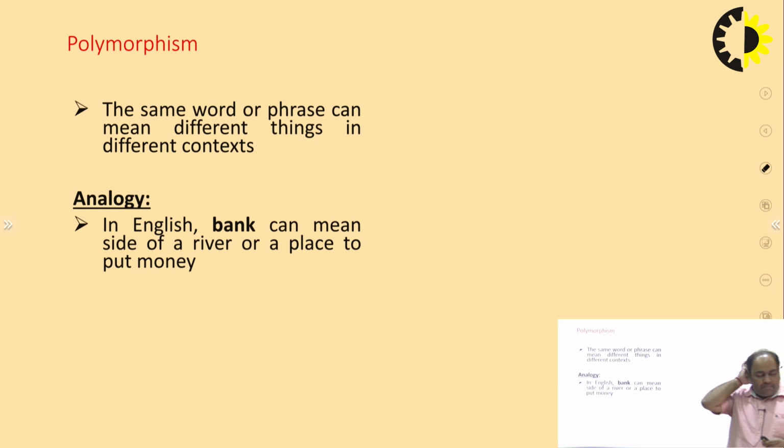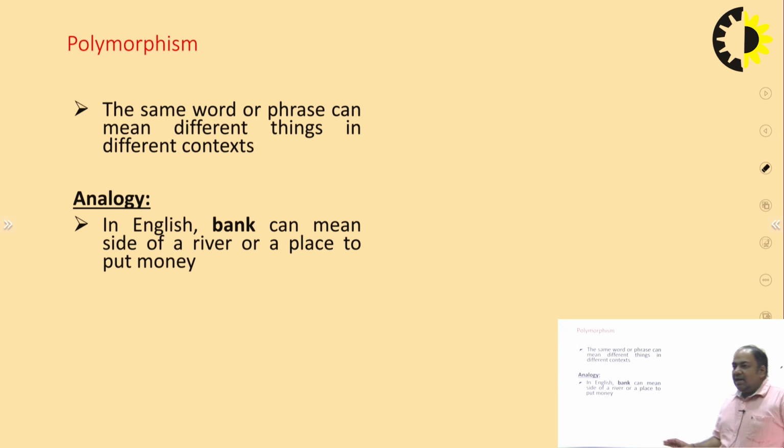Polymorphism means, if we divide this word, poly means many and morph means forms. So polymorphism means that one method, one class can be used differently for different types of work, but it is the same class.